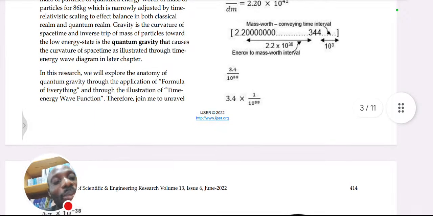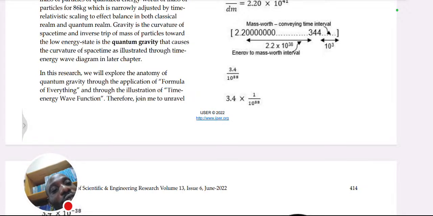So now 3.4. So basically we have this to be 344. So if we have that to be 3.4 divided by 10 raised to power 38, it is being suspended at the 38th position. So we're going to get those suspended zeros to be 10 raised to power 38.